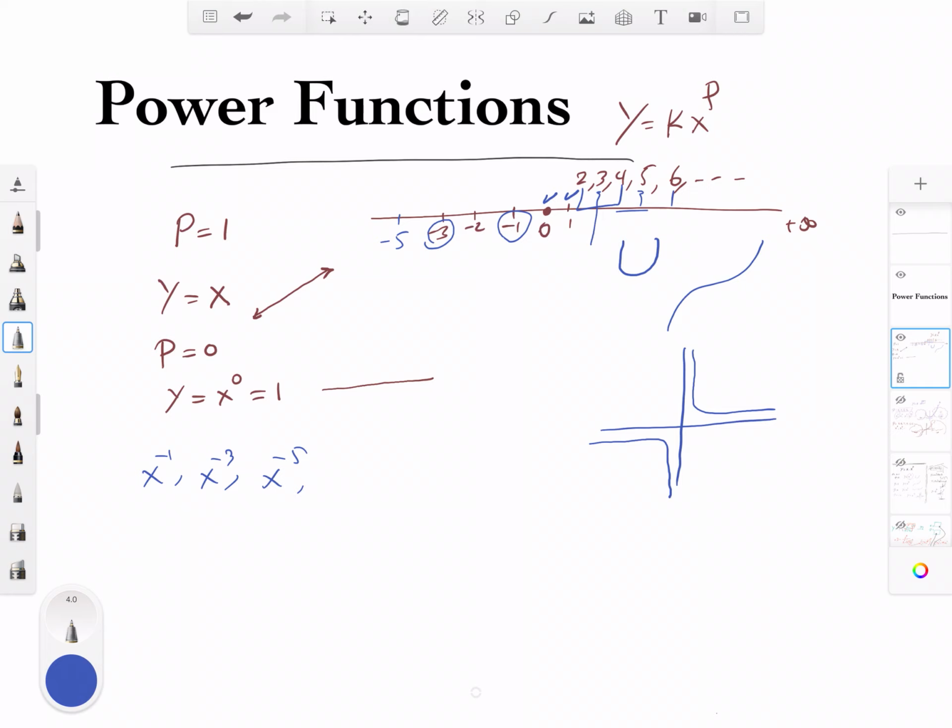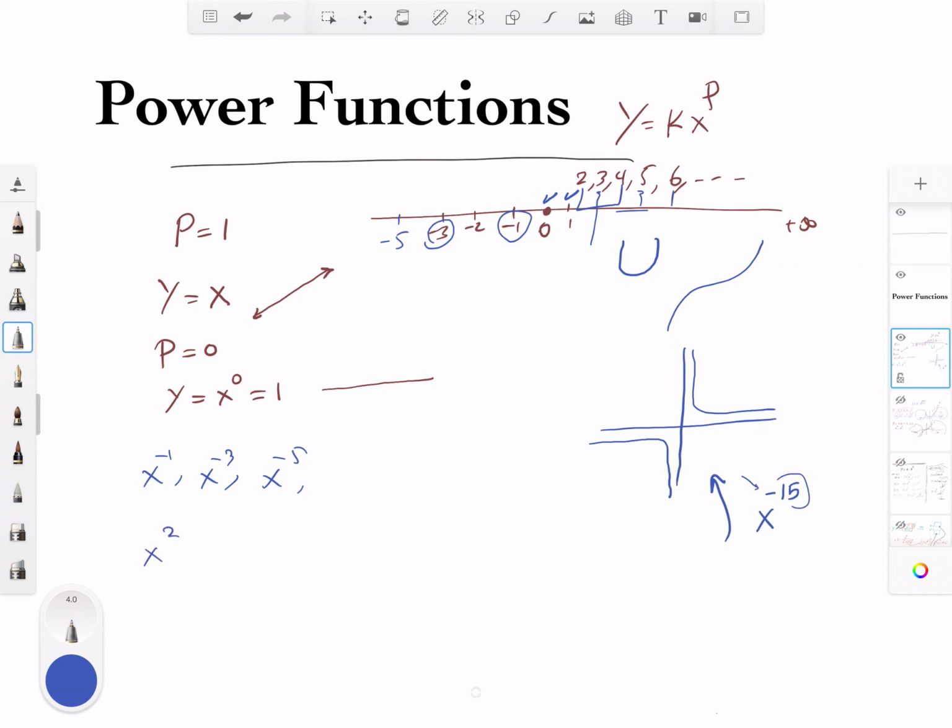So that's a graph of x to the power of, like, -15. It will be something like this, because it's negative and odd.